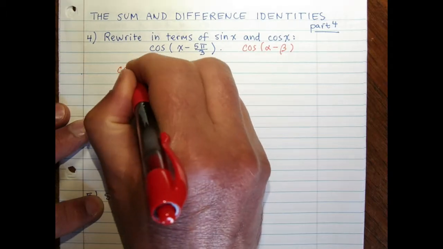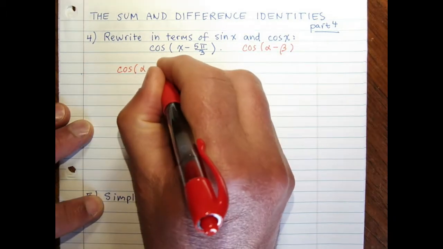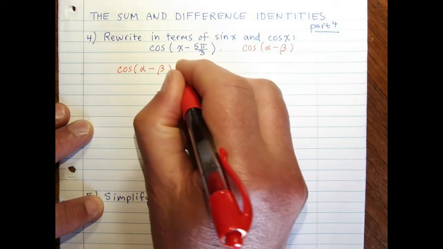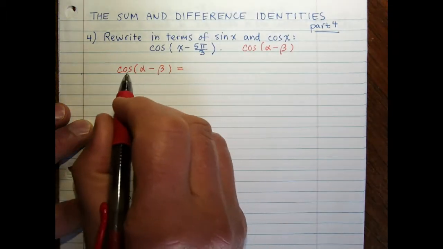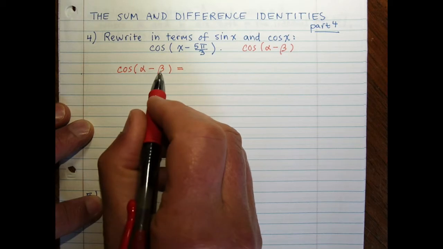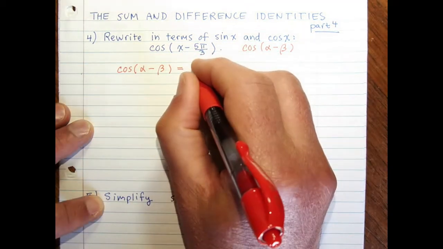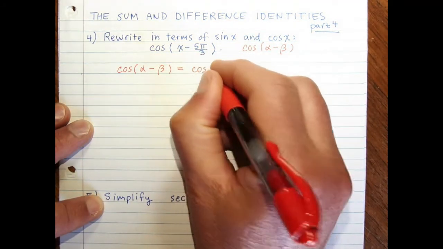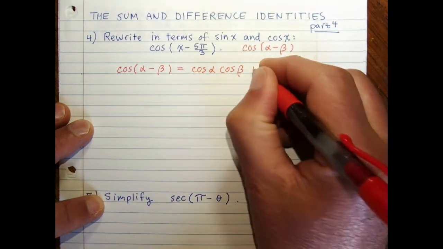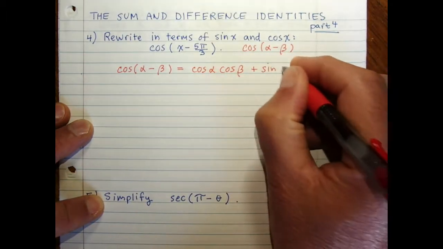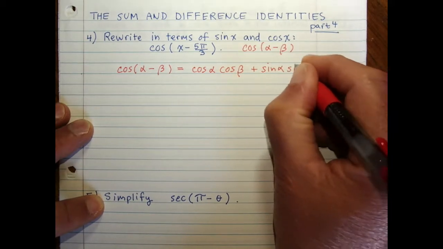So I can just copy this down. You don't have to have it memorized, in my class at least. And so cosine of alpha minus beta was equal to cosine of alpha, cosine of beta, plus sine of alpha, sine of beta.